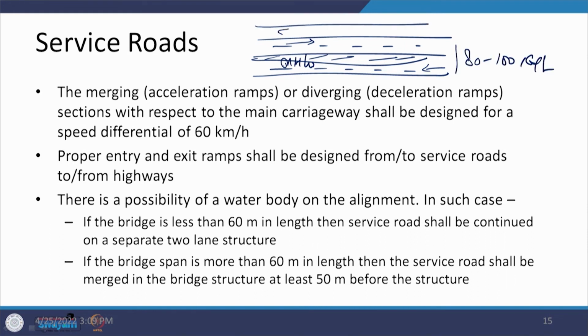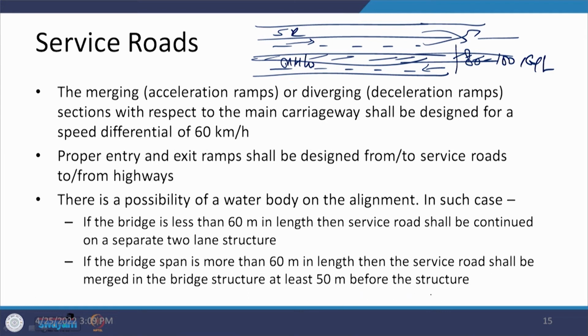There is a service road on this side. Obviously, at some point of time there is going to be a connectivity between the service road, so maybe we have this exit or this entry from the main highway to the service road being provided.